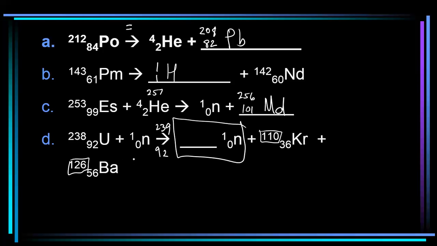So 110 plus 126 is 236. 236 plus what is 239? Okay, so you're going to need 3 neutrons in order to balance everything out. And since neutrons don't give you anything, 36 plus 56, does it equal 92? Yes. Use a calculator if you're having trouble with this simple addition.